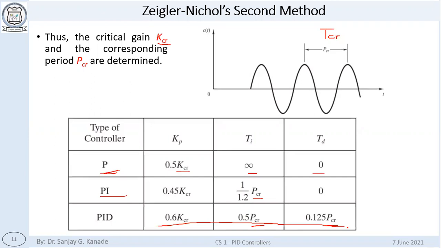And in all the exams, if you look at all earlier question papers, there is at least one problem for 8 to 10 marks on designing a PID controller using the Ziegler-Nichols second method.